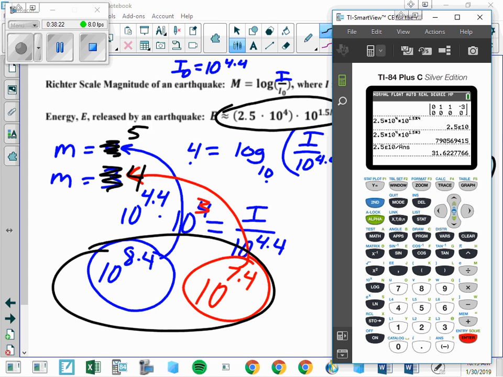Okay. For any two earthquakes A and B whose Richter scale differs by 1, will we have the same result? Well, let's try one.